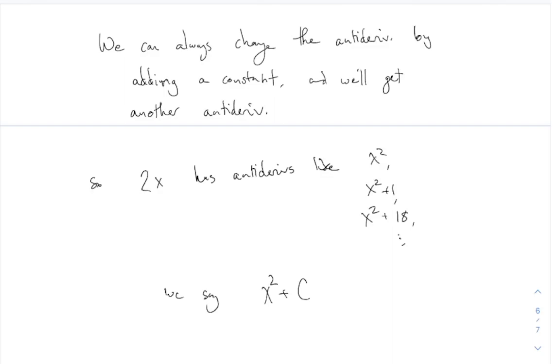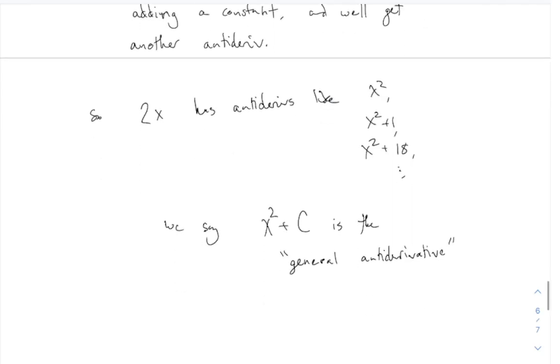So this is called the general antiderivative, where that c there is representative of any constant. It doesn't mean a particular number. It just means that when I take the antiderivative, it's x squared plus any other constant. All right, that's called the general antiderivative.